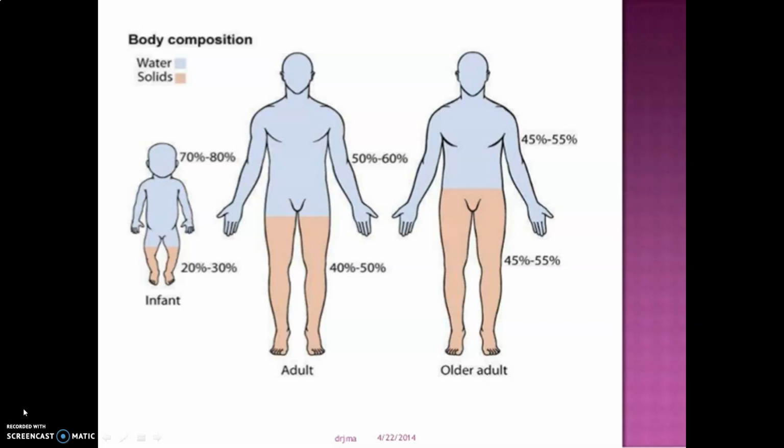This is a clear picture which gives a very clear view of body composition, which we have already learned about with intracellular and extracellular fluids, electrolytes, ions, and so on.